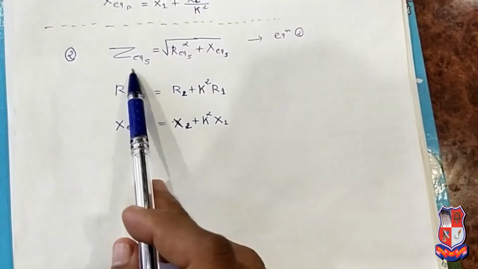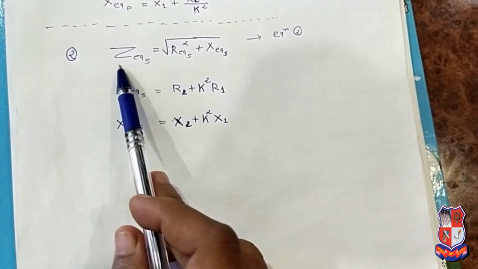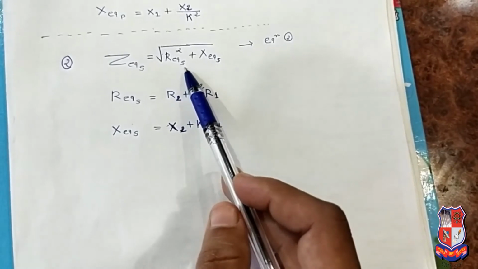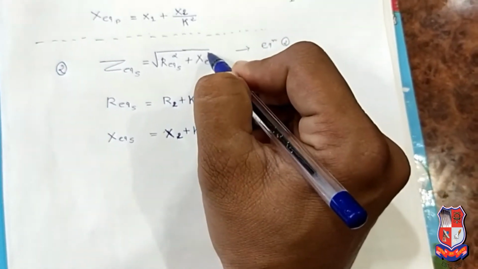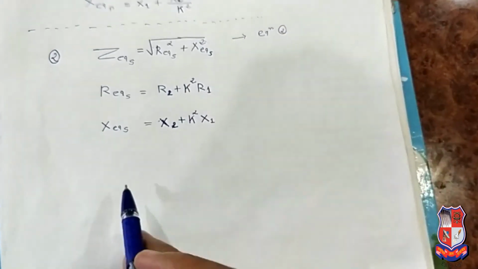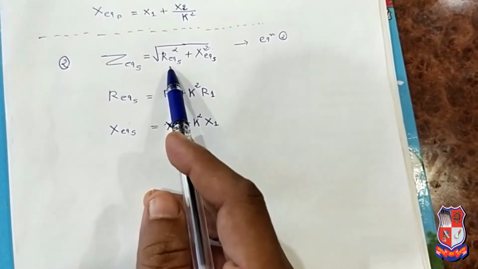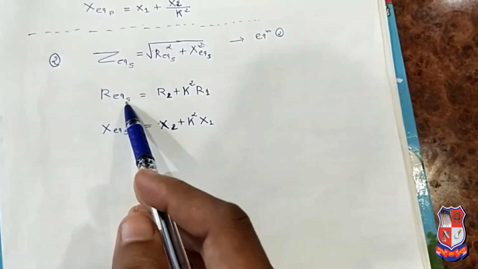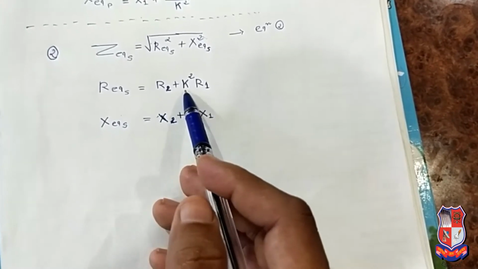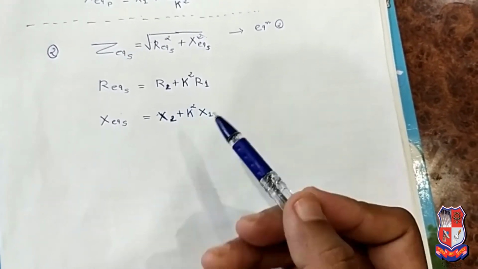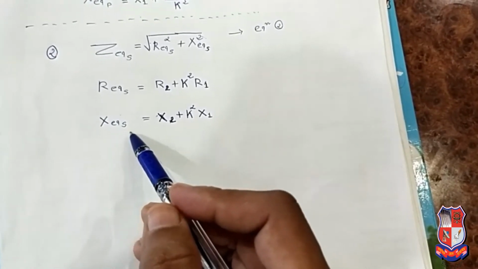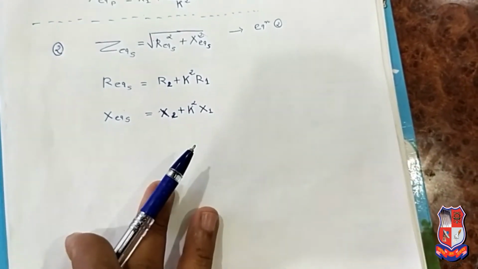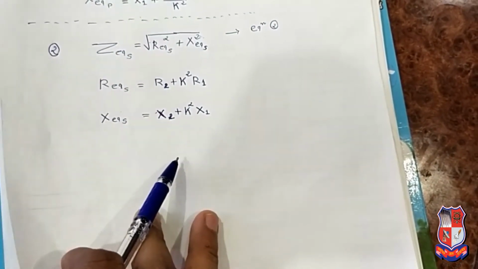Equivalent impedance of secondary is under root of R equivalent of secondary whole square plus X equivalent of secondary whole square. Here in this equation two quantities are unknown. R equivalent of secondary is equal to R2 plus K square into R1, and X equivalent of secondary is equal to X2 plus K square into X1. Simply put all the values in the respective equations.